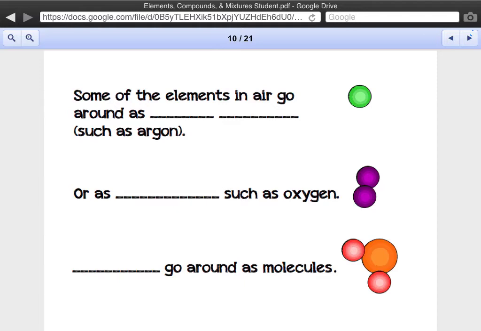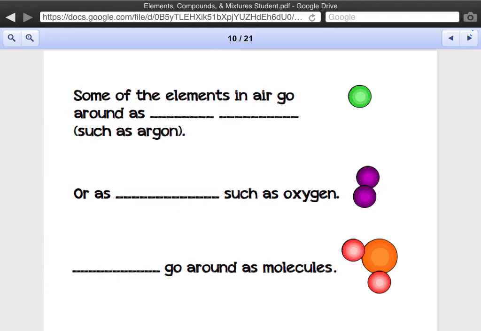In air, some of the elements go around as single elements, like argon. Argon floats around as a single element in the air. Or you have molecules like oxygen. Remember, it's just a molecule because O2 is the same type of atom.